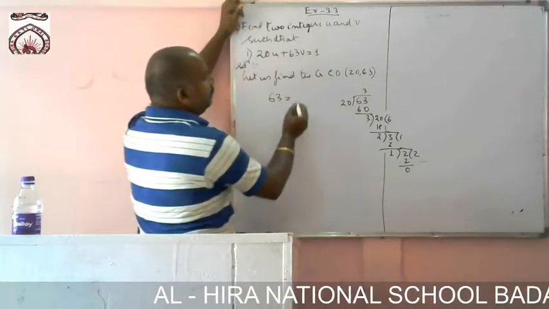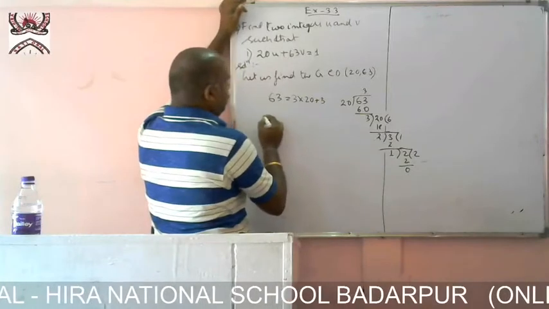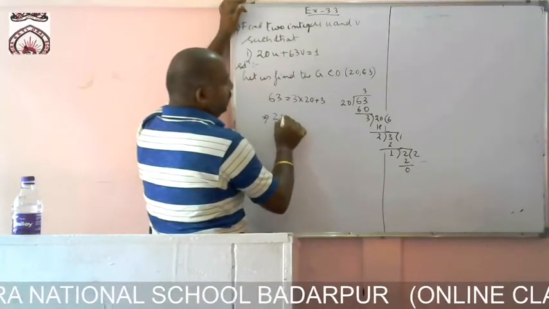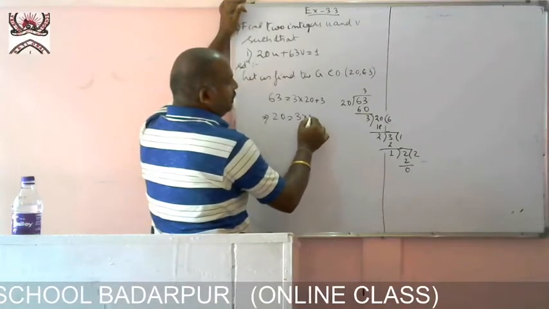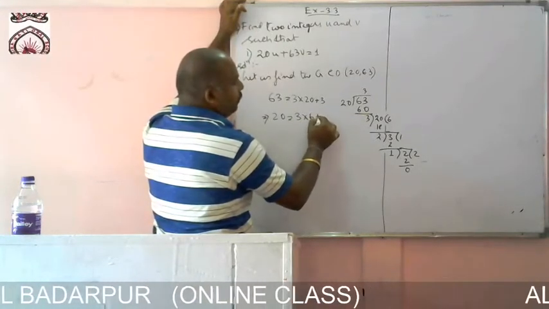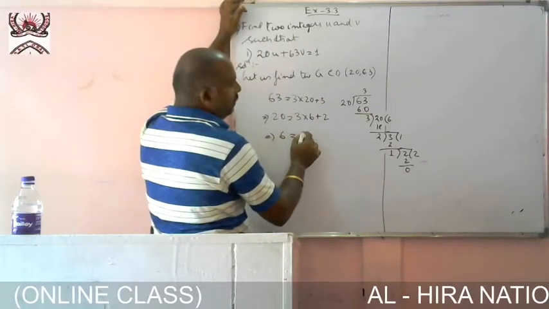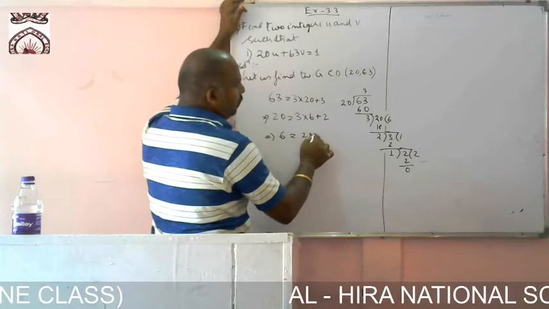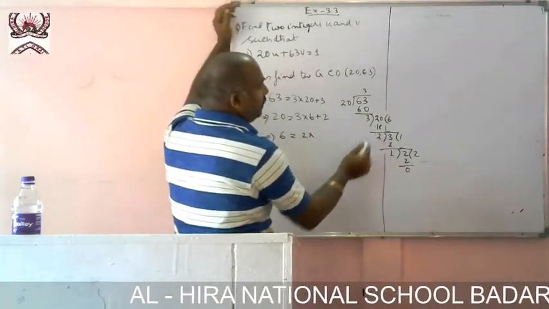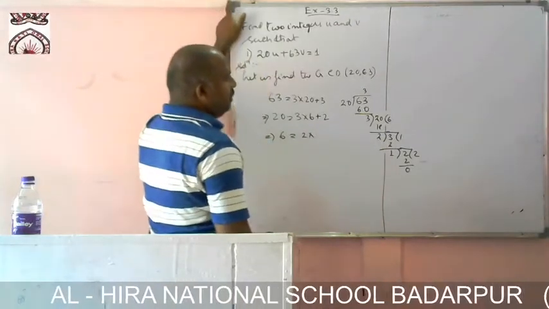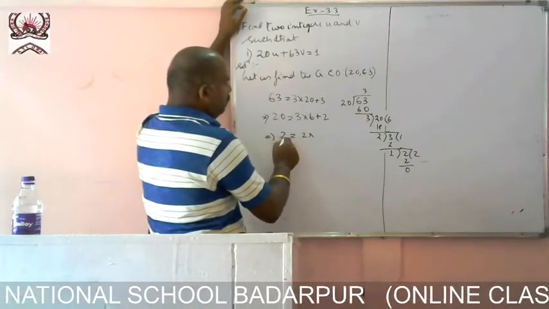Now 63 can be written as 3 into 20 plus 3. Now 20 can be written as 3 into 6 plus 2. Now 6 can be written as 2 into 3 here.